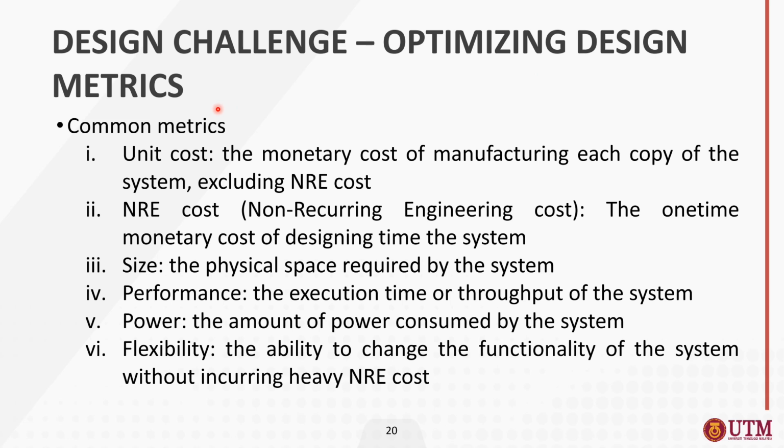So, design challenge: optimizing design metrics. The common metrics that we use to optimize our design, the first one is the unit cost. Unit cost is defined as the monetary cost of manufacturing each copy of the system, the cost per unit. For example, you want to design a system to detect the presence of a person inside a room, and you use Raspberry Pi.